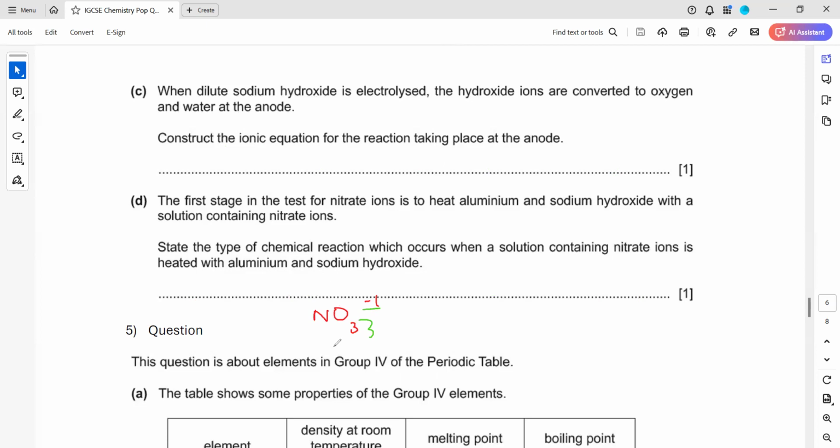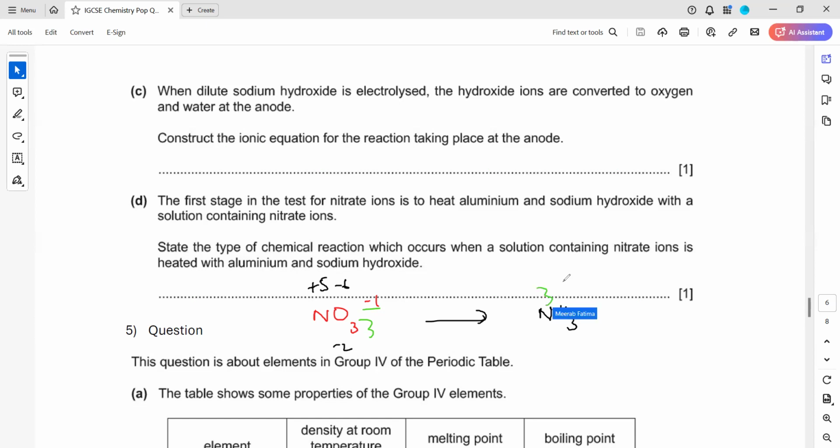Each oxygen is -2, so 3 oxygen will be -6. So nitrogen is +5. And when it releases ammonia, ammonia is NH3. When we test a nitrate ion, adding sodium hydroxide and aluminium powder and heating, it gives off ammonia gas. What is the oxidation number of nitrogen here?